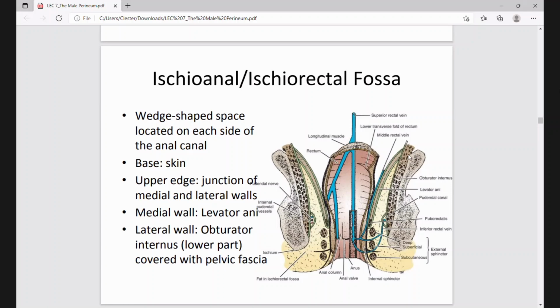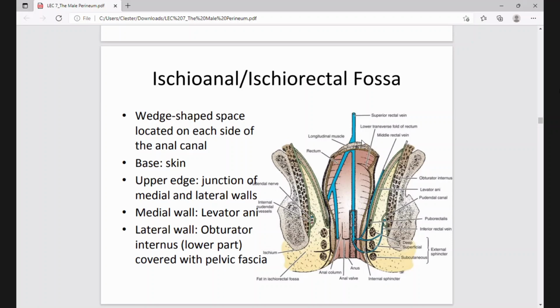I mentioned the obturator internus during my lecture on the pelvic cavity, which you find on the lateral side of your pelvic cavity. So the same muscle continues downward into the perineum to form the side wall of your ischiorectal fossa. So if you go laterally, you have the obturator internus, specifically the lower part of the obturator internus.